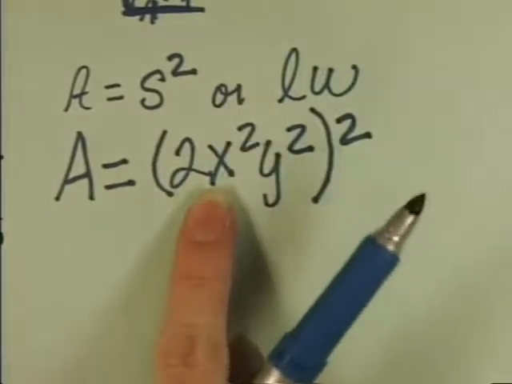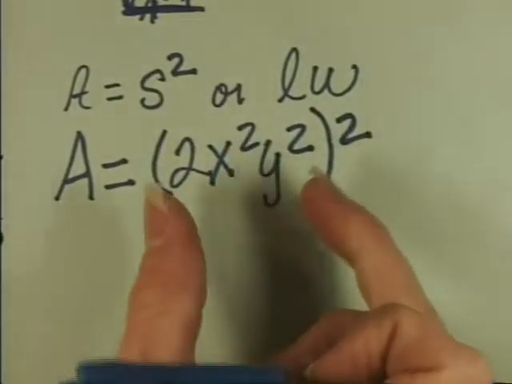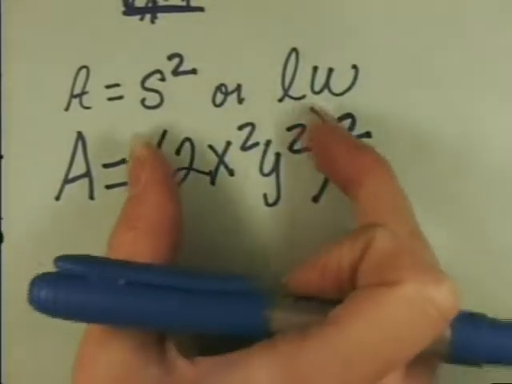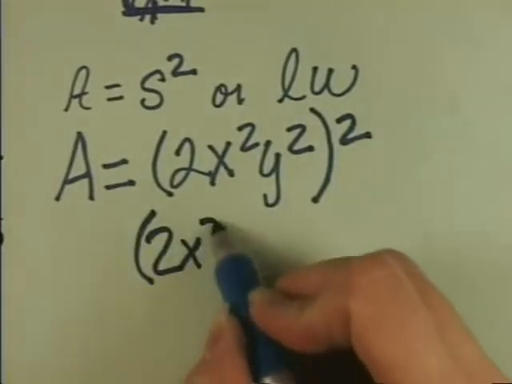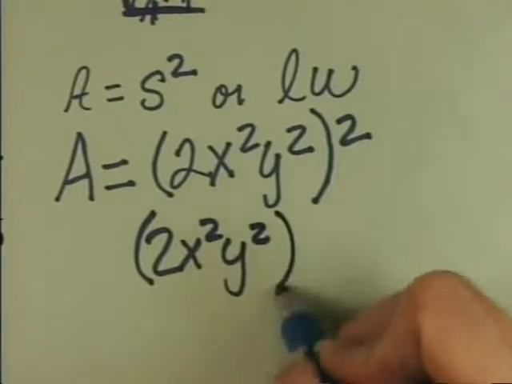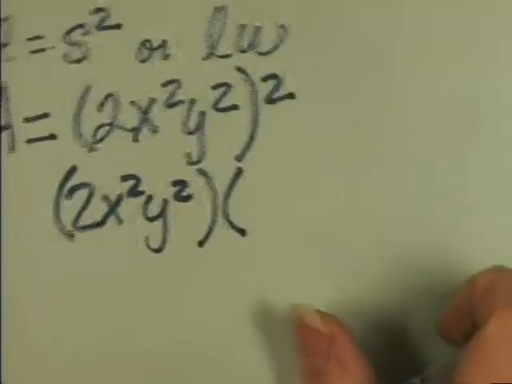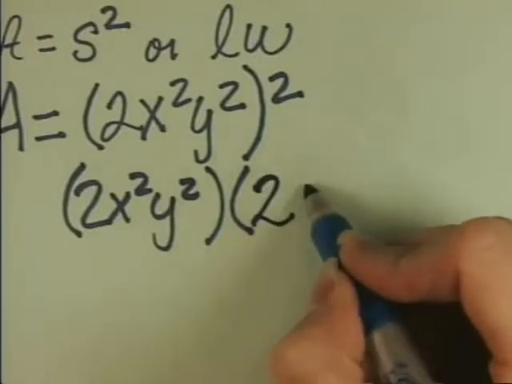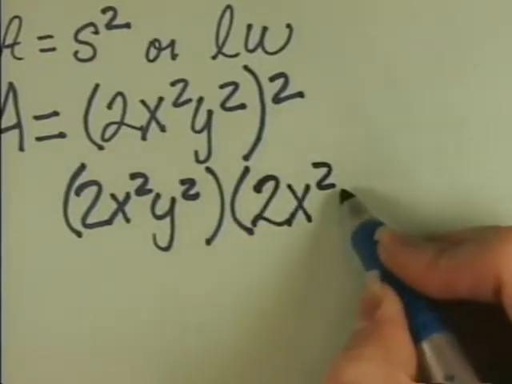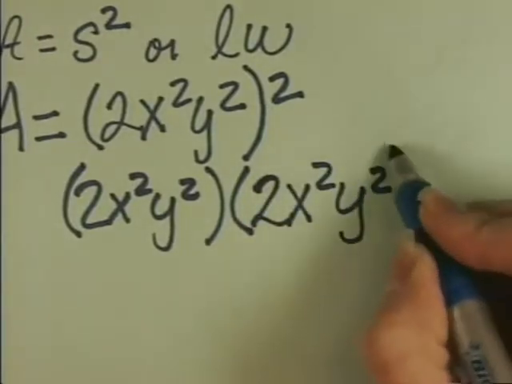Now, can you tell me what it means when we square this? How many times do I need to write this down? Twice. So I'm going to rewrite it as 2x squared y squared times 2x squared y squared, because it's easier to look at when you write it twice.